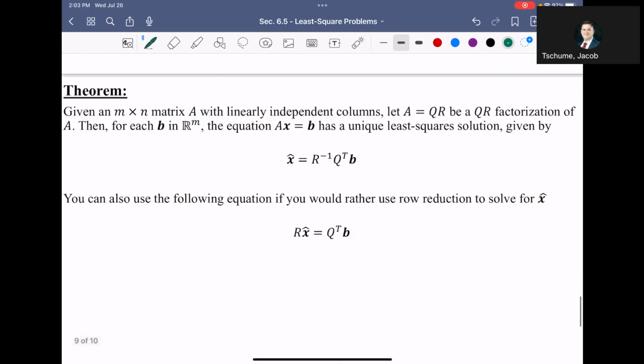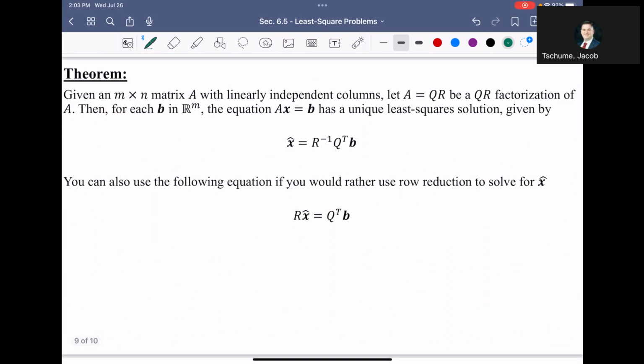All right. And so my last thing that I want to cover in this least squares solution video is bringing back the idea that I ended the Gram-Schmidt process video with, and that was QR factorization. So a new theorem here. If you are given an M by N matrix A with linearly independent columns, if we let A equal QR be a QR factorization of A, then for each B that exists in the nth dimension, AX equals B has to have a unique least squares solution given by the following formula.